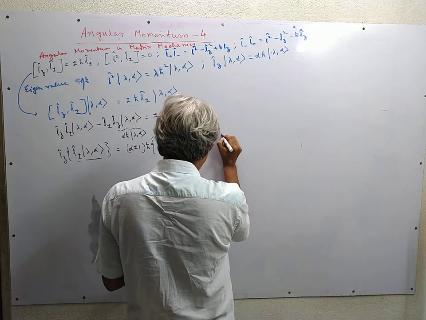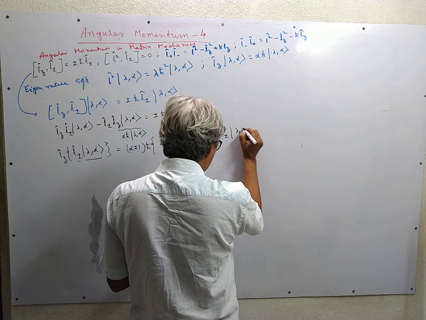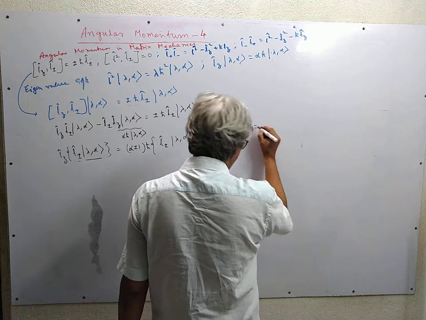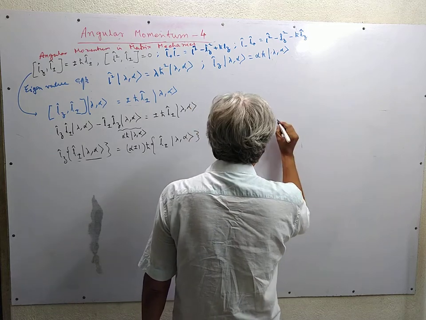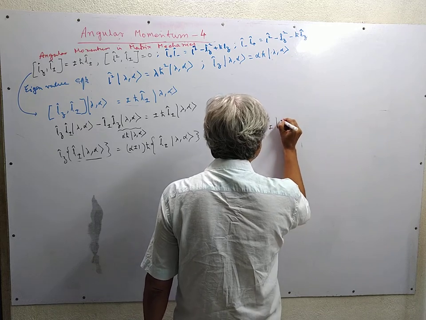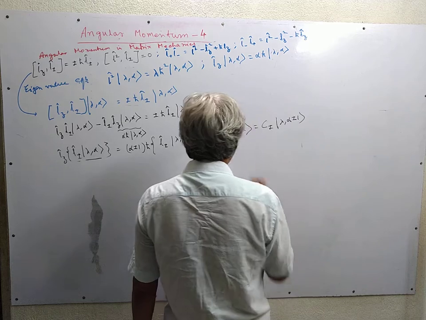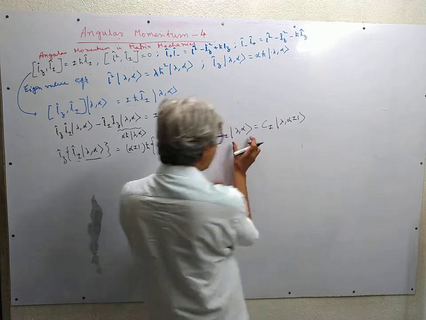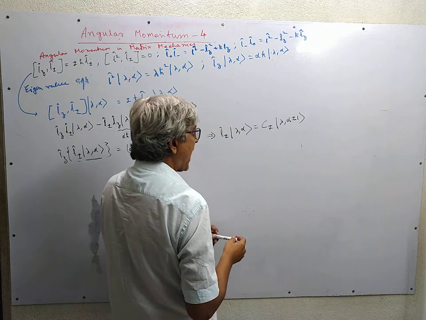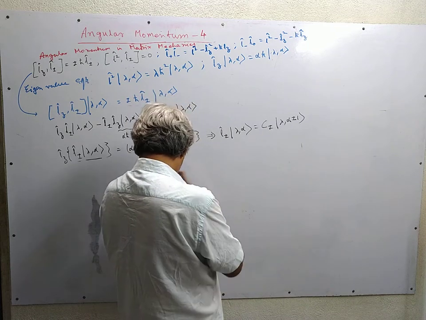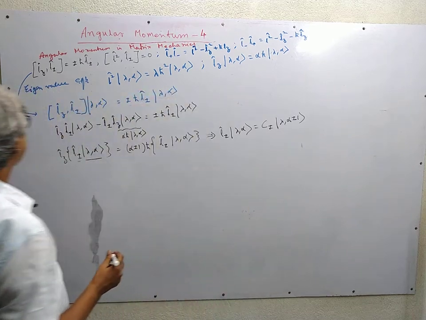That means L plus minus operating on lambda alpha gives you another state. The normalization constant is this. When L plus operates on this eigenket lambda alpha, the alpha value is increased by 1, and when L minus operates, the alpha value is decreased by 1. That is, they are called the ladder operators.